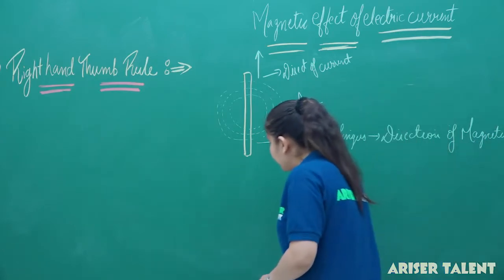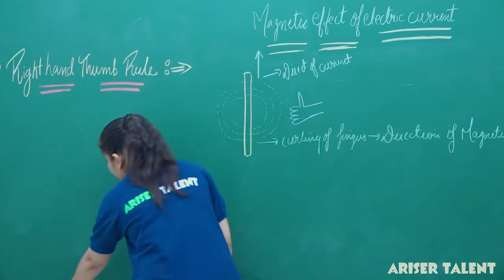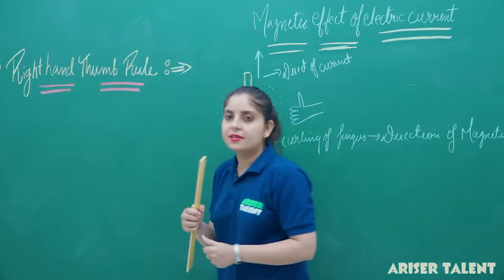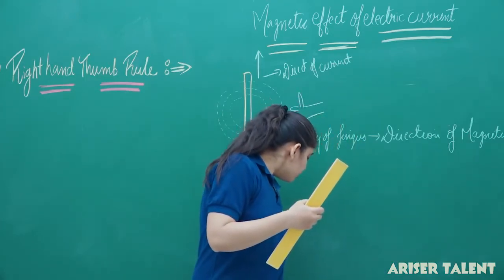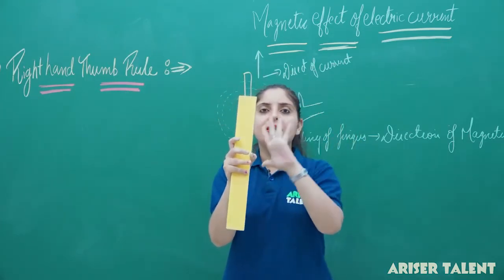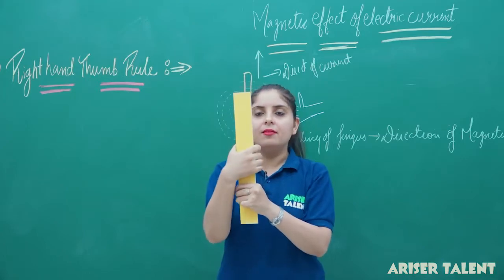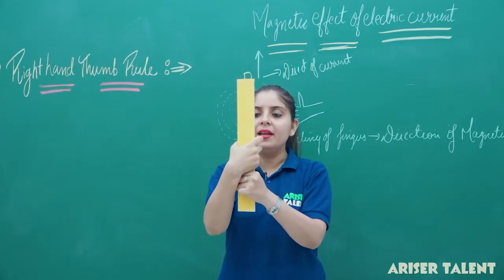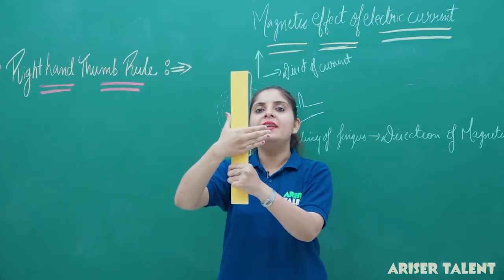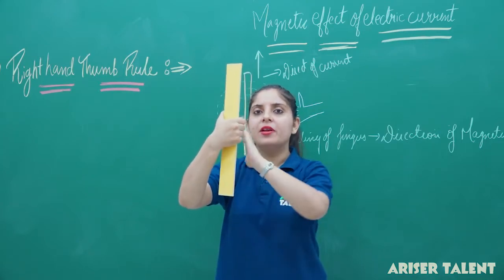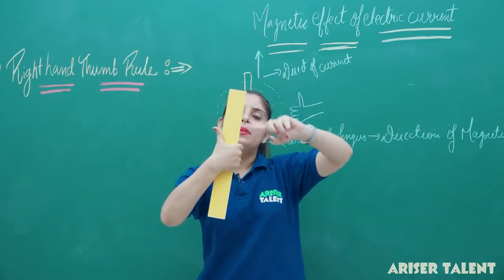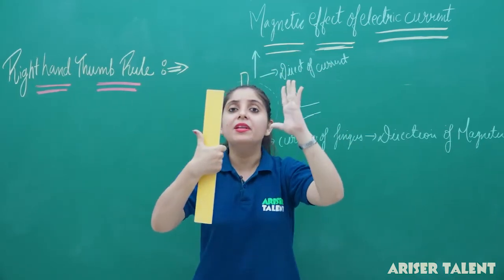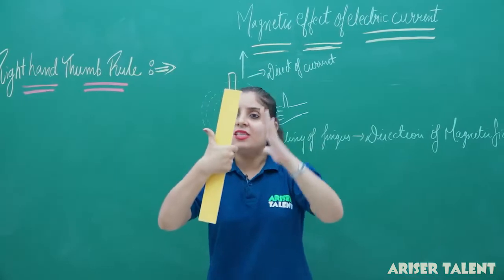So suppose this is the straight conductor I have. Now, if I am holding this straight conductor in my right hand, curling my fingers and holding the thumb straight, it means we keep our thumb exactly straight.